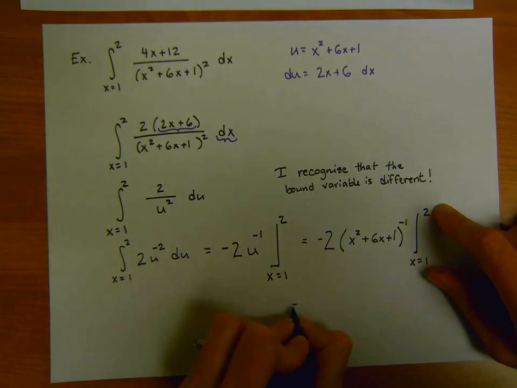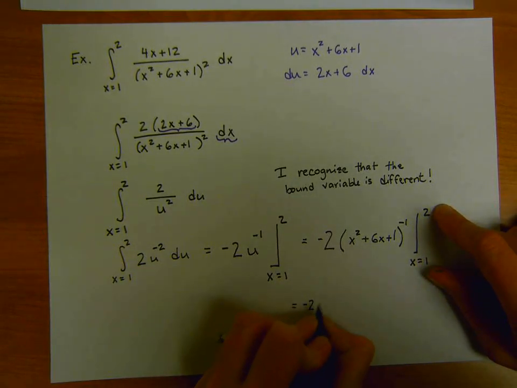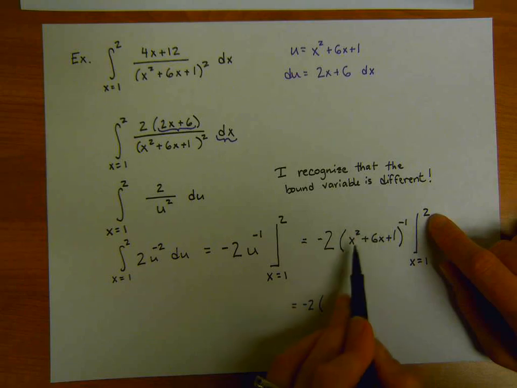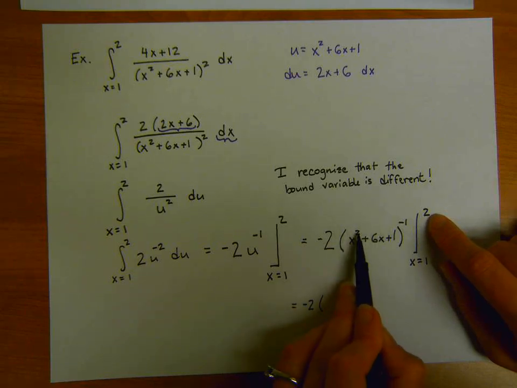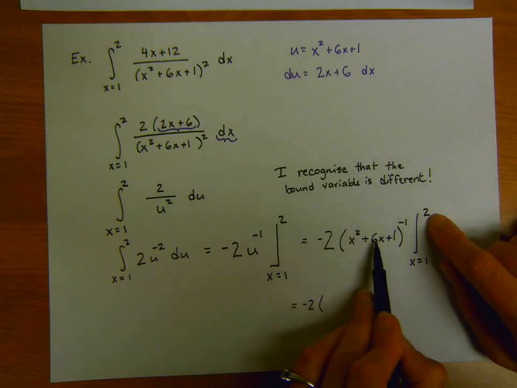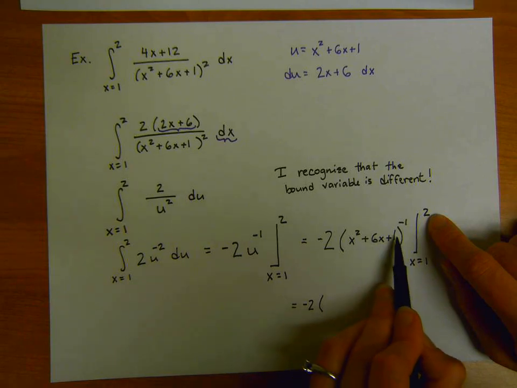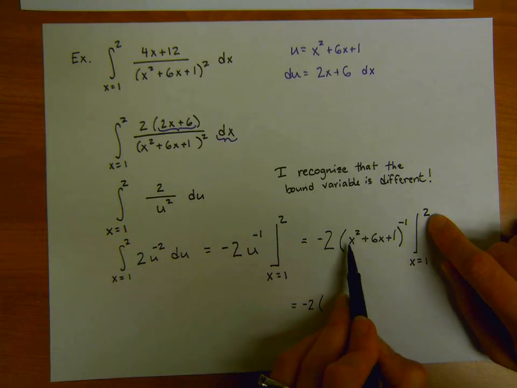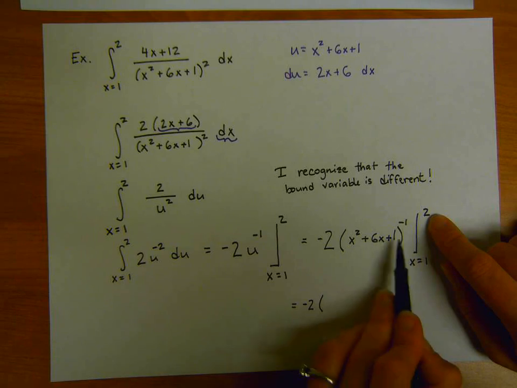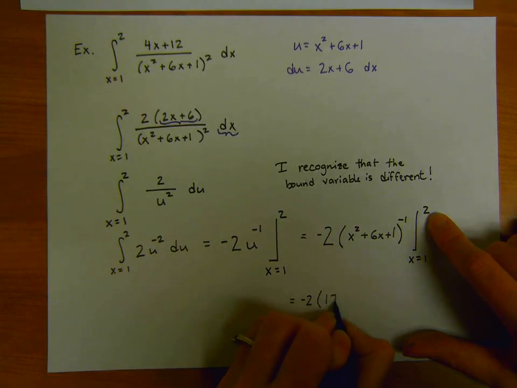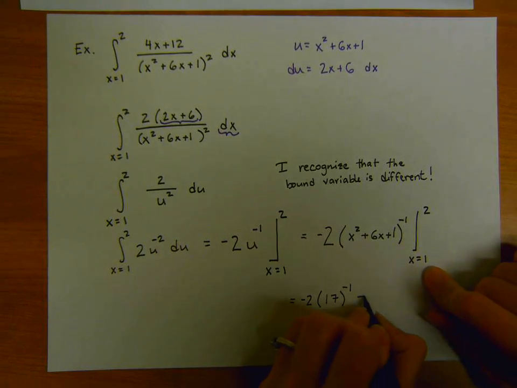And it turns out this looks a little messy. The negative 2 times, plugging in 2 here, I get 2 squared, which is 4, plus 6 times 2, which is 12, plus 1. So that's 4 plus 12 plus 1, which is 17, to the negative 1. And then I subtract off my lower bound.